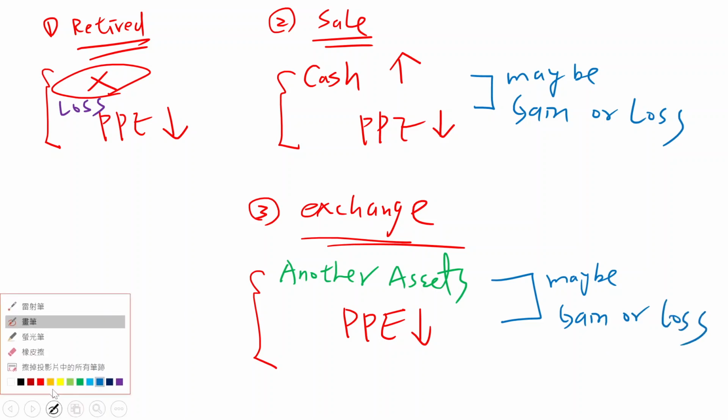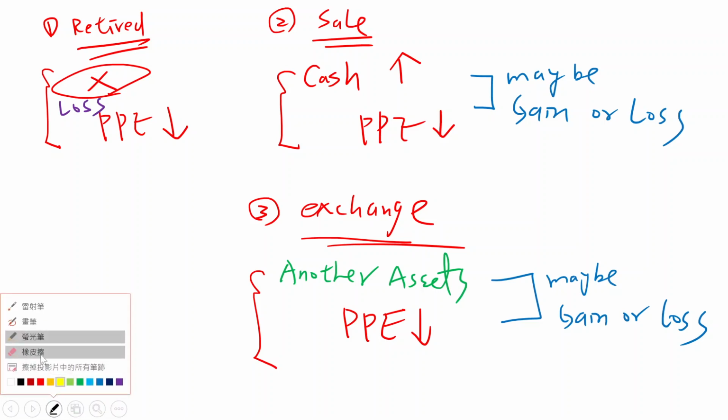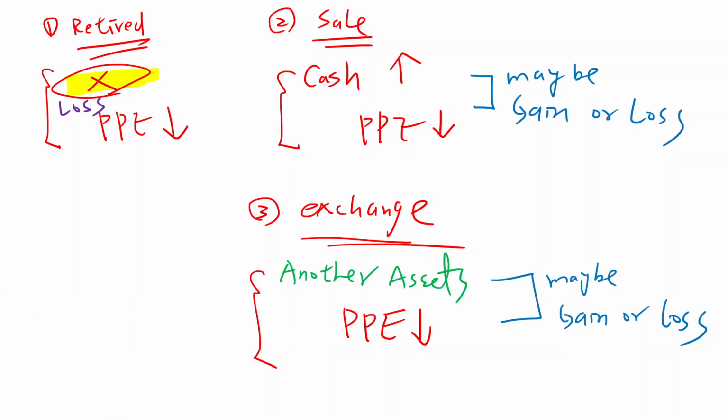So did you find out? For these three transactions, the only difference is what did you get? You got nothing, you got cash, you got another asset. Others totally the same.